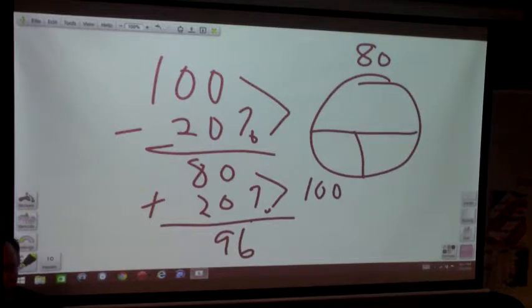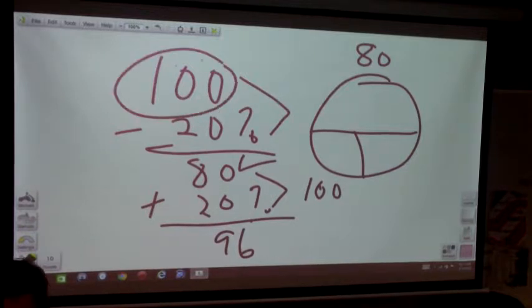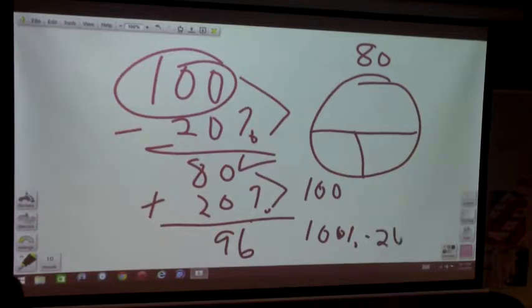How do we get from 80 back to 100? Isn't that what they're asking us? Isn't that what we're trying to find out here? How did we get back from this 80 and get back to this 100 here? What is this 80? Isn't it this figure down here, which is our 100% figure, minus 20%?